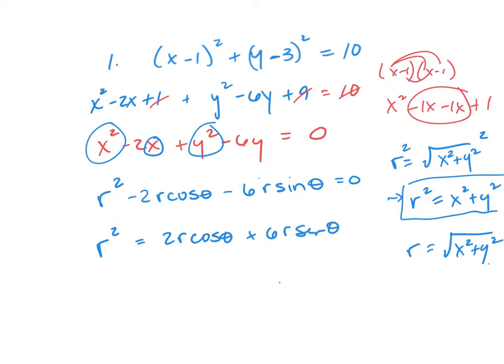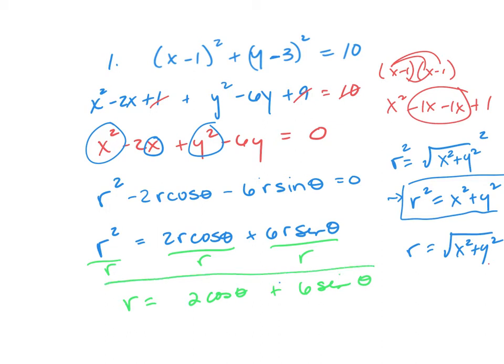I just move them to the other side of the equation. All right, so it's still not r equals. So if I divide everything by r, I get that r equals 2 cosine of theta plus 6 sine of theta. And now I have an r equals. All the x's and y's are gone, and that's my answer.